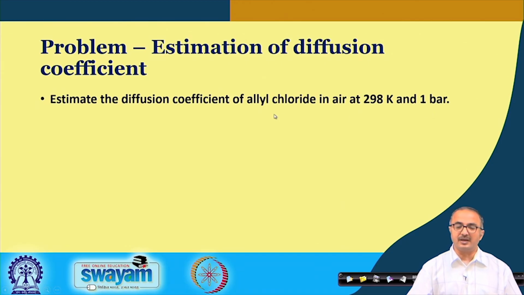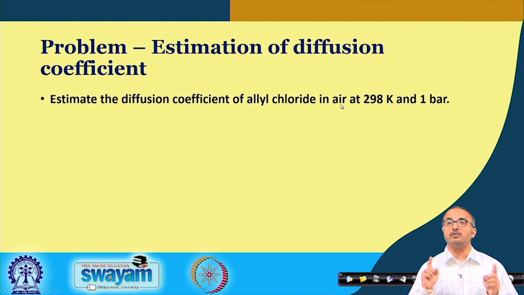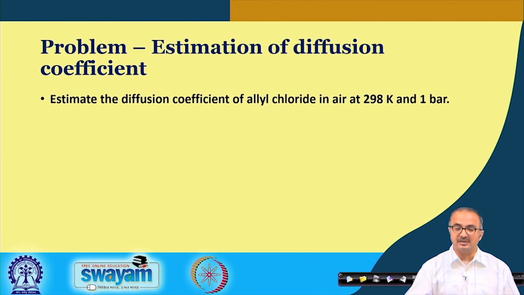This is for allyl chloride in air. You have to know which two components we are talking about, because diffusion cannot happen alone; it has to be between at least a pair of components.